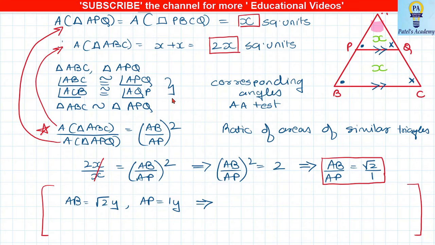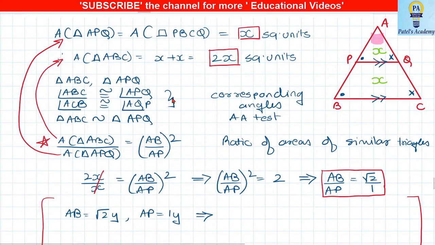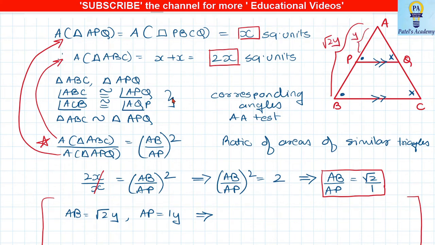Now see the figure, students. Let me take this slightly up. See in the main figure, students, let me remove all other things so that you can understand the concept. In the figure, AB is root 2y and AP, this part, is y.